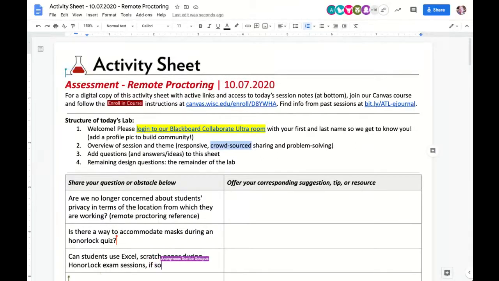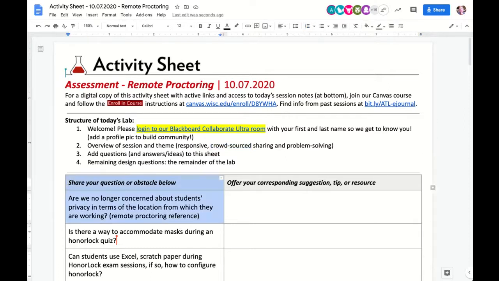I can give you some general suggestions based on things I've heard from instructors I've worked with, but I don't have a lot of direct practical experience, for example, with wet labs or 500-person courses or a lot of other specialized situations that you're all in.